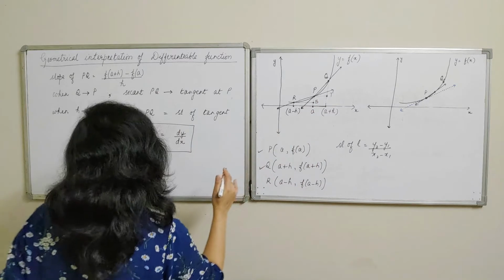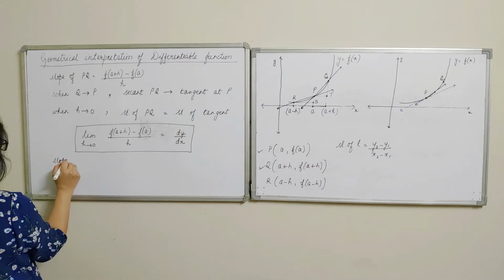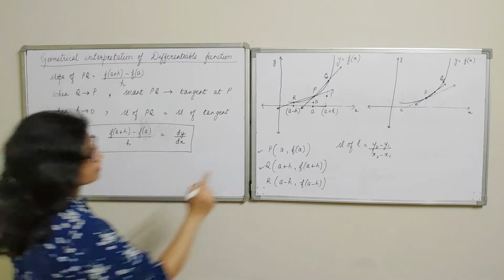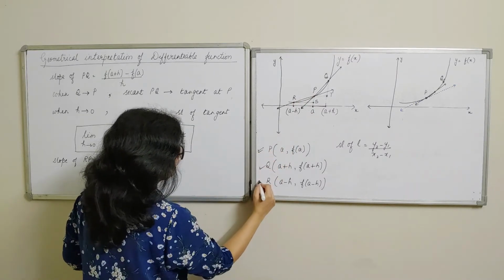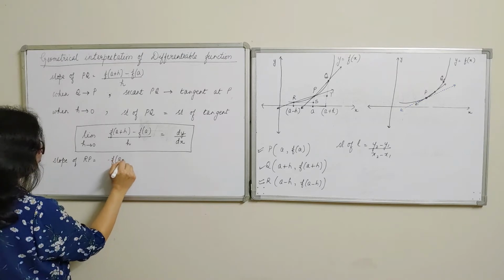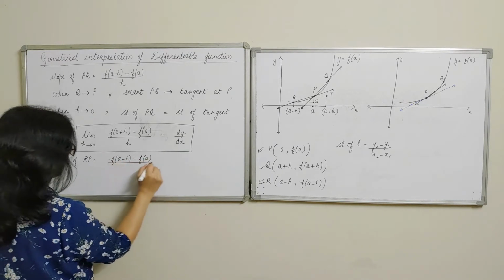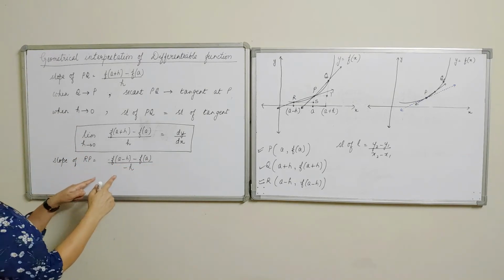So now let us find out the slope of the secant RP. We are using coordinates of the points P and R, and we can write it down as f(a minus h) minus f(a) upon minus h. This is the slope of RP.